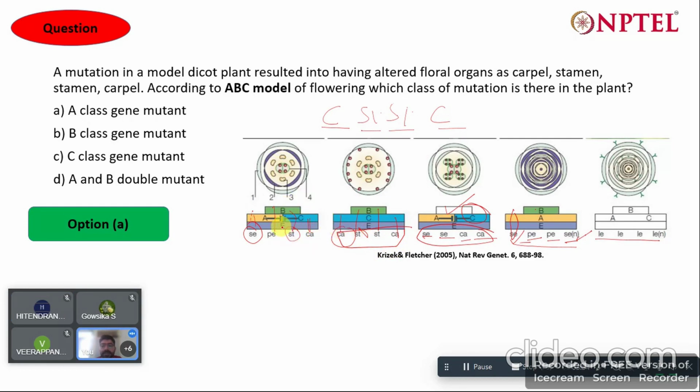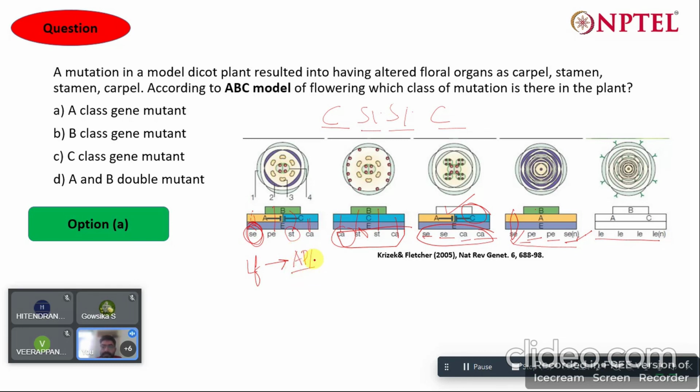These genes help in the development of the particular floral organ. So for example, if we talk about sepals, as you know, LEAFY is the one that moves towards the floral meristem. So when LEAFY is there, it activates the class A genes first. For example, it will activate AP1 first.